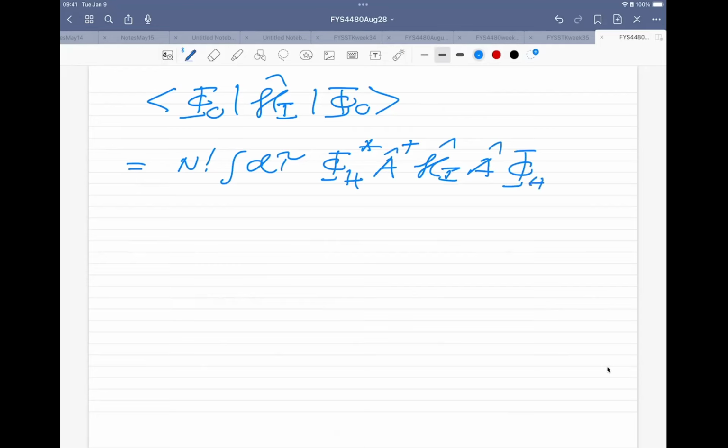And again, we know that the h of I commutes with this one. So this is the same as h of I times A times h of I, just to remind you of that. This is 0.